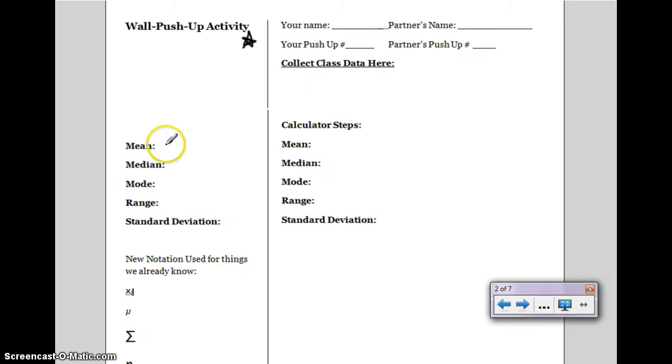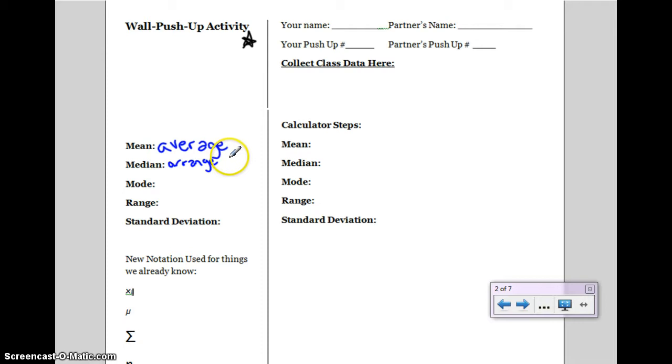So our mean, you might also see the word average, is when we add up all of our data values and divide by the total. Our median, if you arrange your numbers from least to greatest, is the one that's right in the middle.